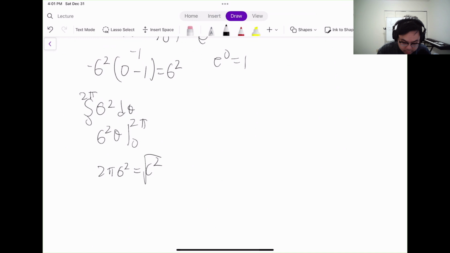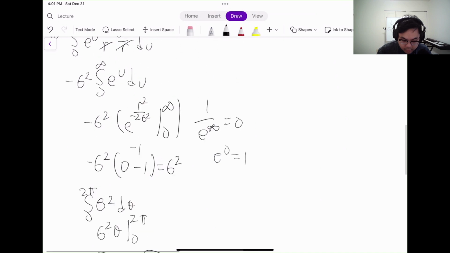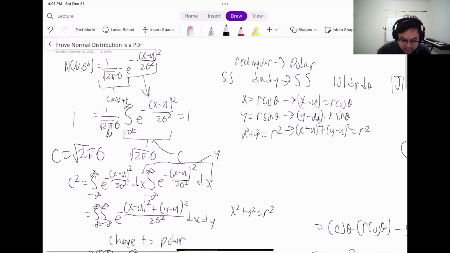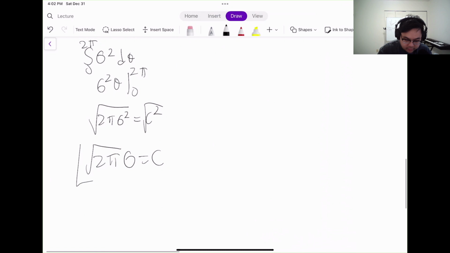Well, let's square root both sides. Square root both sides, we get the square root of 2 pi sigma equals c. And what did we just prove? We just proved that the area under the normal distribution equals 1. So that's the final answer. So that's how we do it.